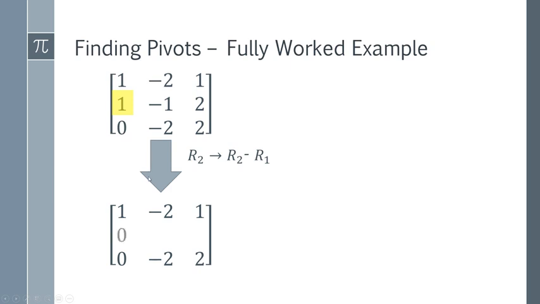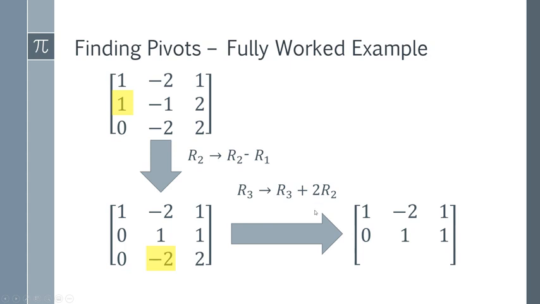So we're doing 1 minus 1, giving 0. Minus 1 minus 2 is giving 1. And then 2 minus 1 is giving 1. We're getting slightly closer to row echelon form. The next thing I'm going to target is here. And if we can get this to be a 0, that would give you row echelon form. And so what we're going to do to achieve that is row 3 is going to become row 3 plus 2 times row 2.